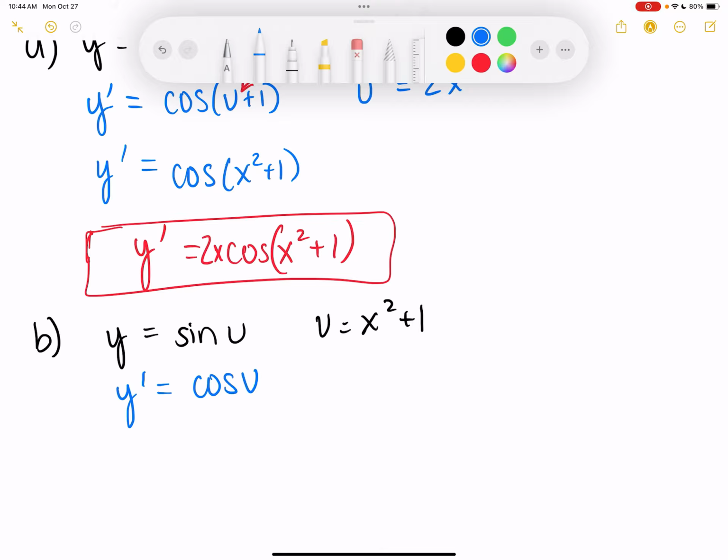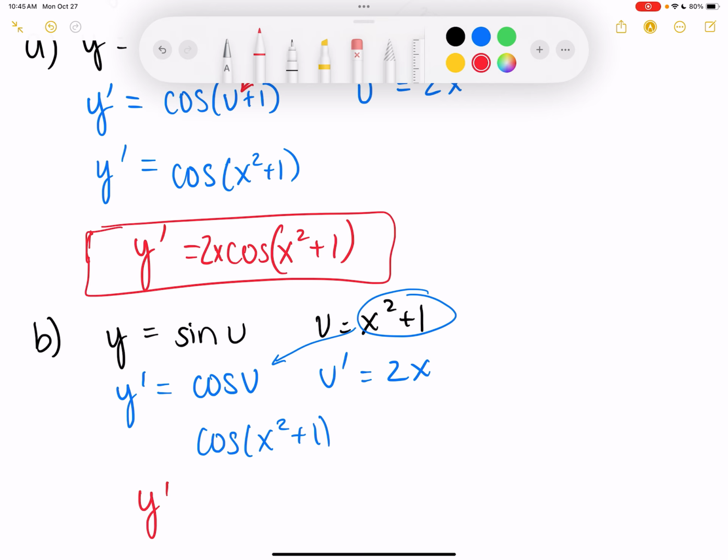The derivative of u would just be 2x, and that's it. So if we replace u with x squared plus 1, I would have the cosine of x squared plus 1, and then ultimately the derivative would be 2x times the cosine of x squared plus 1. So either way that it's decomposed, we get the same answer is all that's trying to show you.